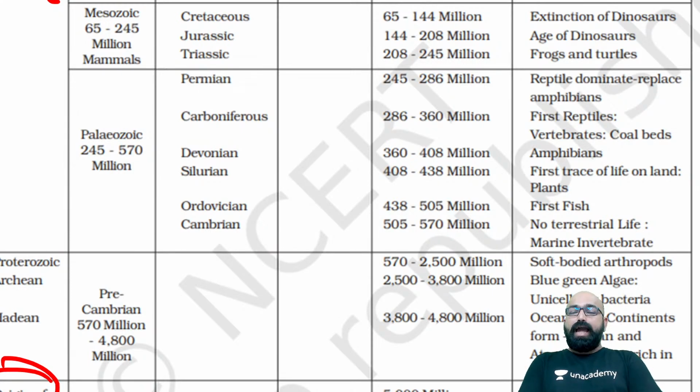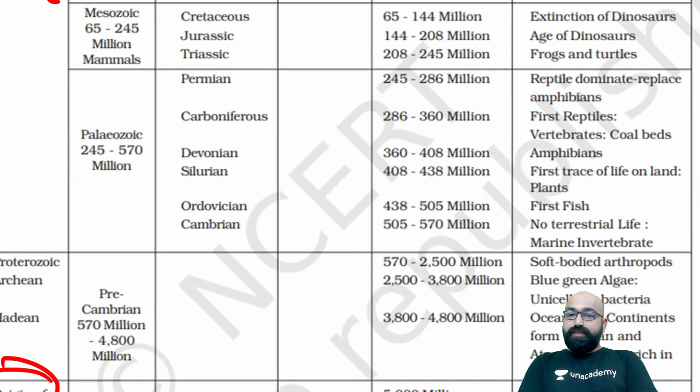Now, in the Cambrian period, like 505 to 570 million years, with no terrestrial life, marine invertebrates evolved.